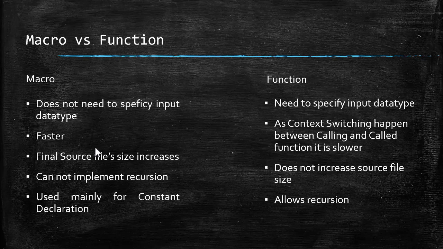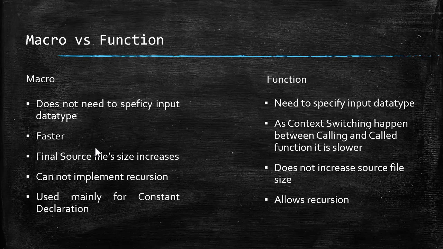But what are the disadvantages of macro? The disadvantage is that the final source file size will increase. Why is it increased? Suppose you are replacing a function which has 100 lines in it with a macro, so you are giving 100 lines in the macro. Then that function is called 100 times in your source file.